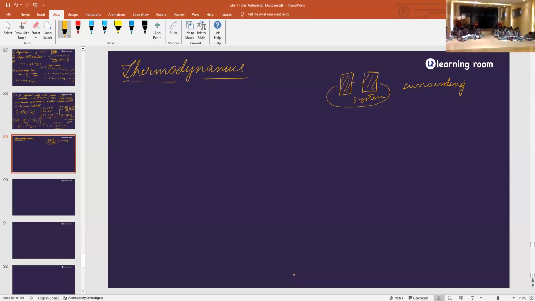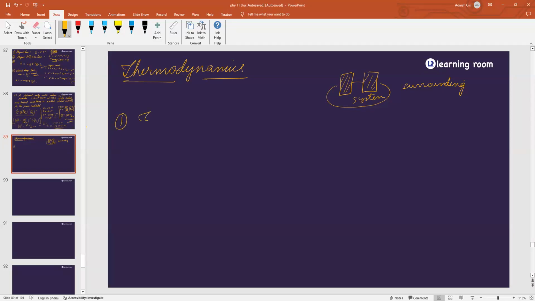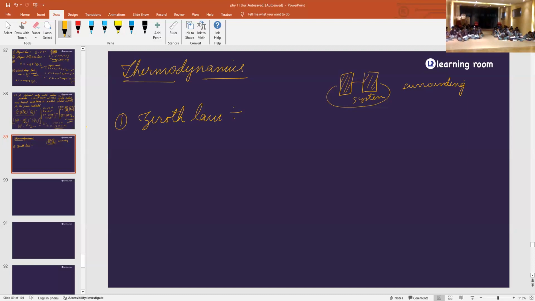Understood? So there are three thermodynamic laws. The first one is said to be the zeroth law. What is zeroth law? You know why this is called zeroth law and not the first law? Because it was formed after that.